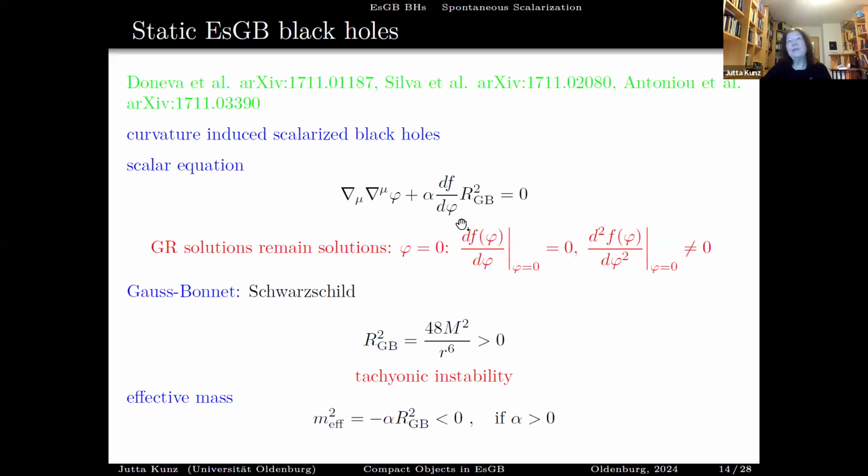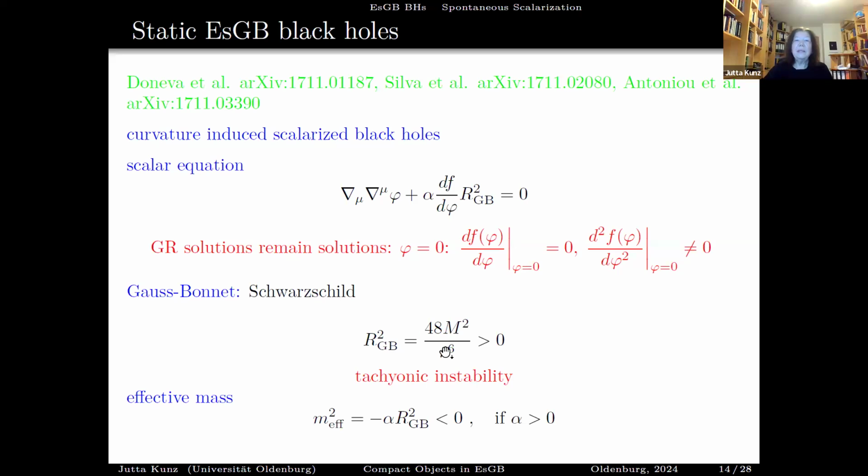The Kretschmann scalar is finite for Schwarzschild or Kerr, as we all know. And so having this Gauss-Bonnet piece, which has Kretschmann as one of its sub-pieces, this gives us something finite. Even though the Ricci scalar vanishes and the Ricci tensor vanishes, this piece gives us something from the Kretschmann.